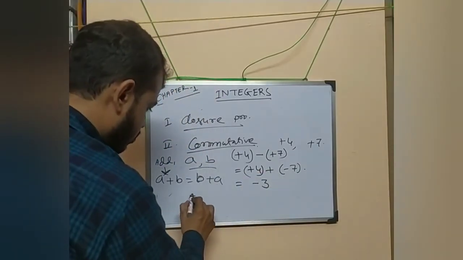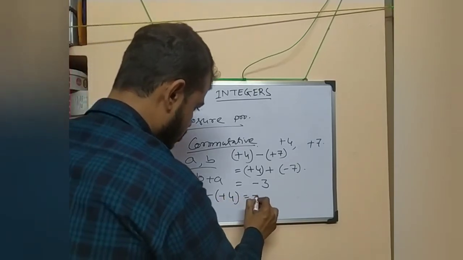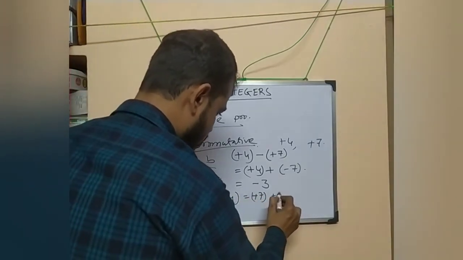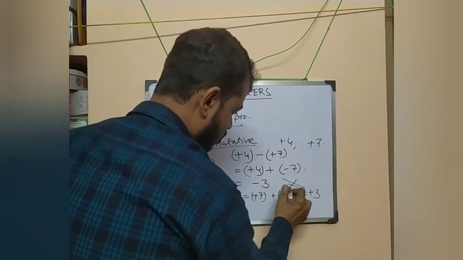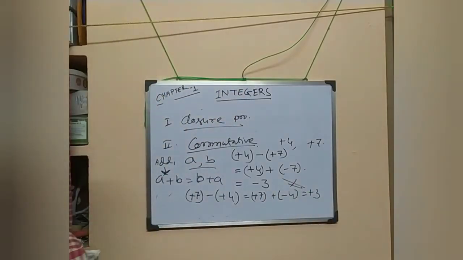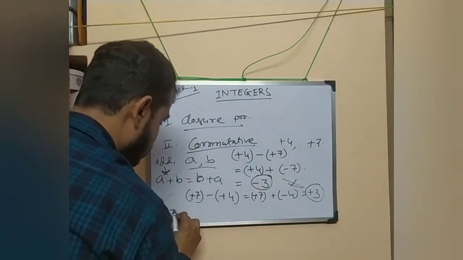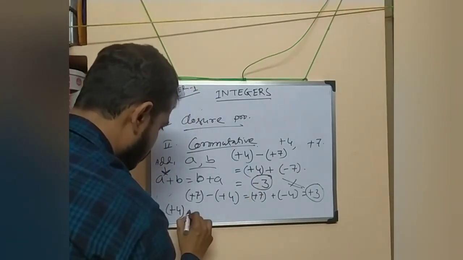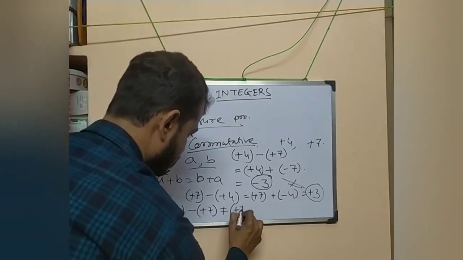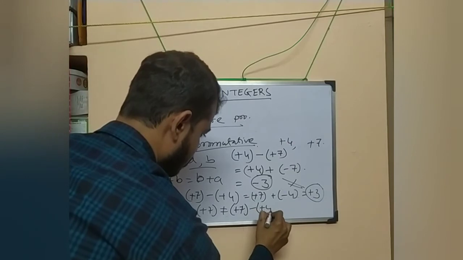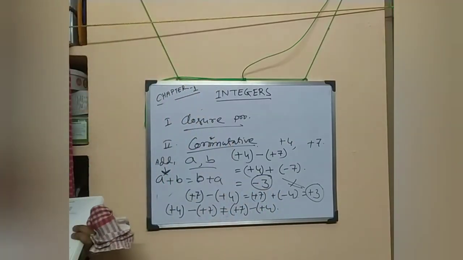And if we take plus 7 minus plus 4, that means plus 7 plus minus 4, that means plus 3. So these two are not equal. This is plus 3 and this is minus 3, so plus 4 minus 7 is not equal to plus 7 minus 4. So the commutative property does not hold for subtraction.